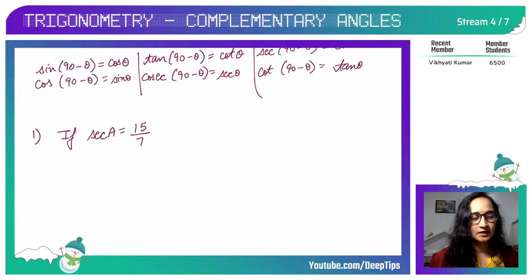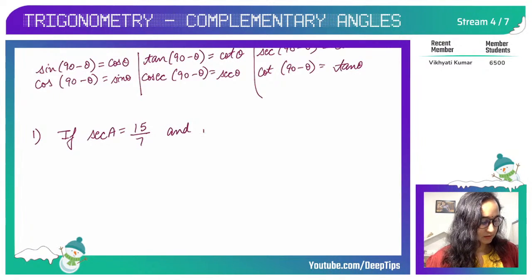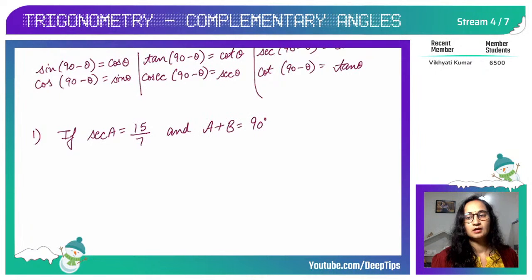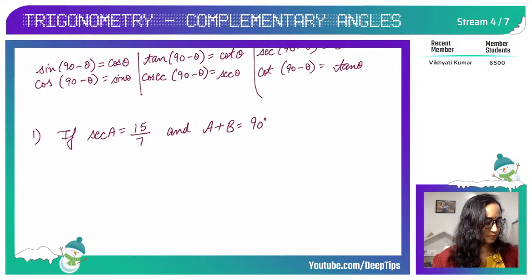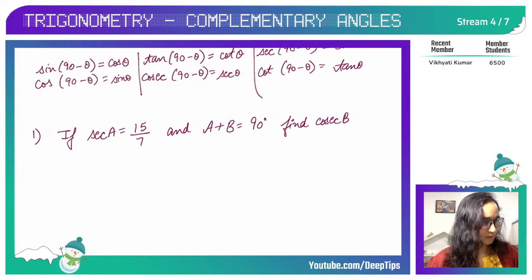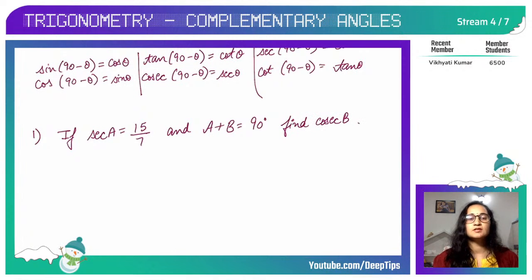Okay, so if secant A is 15 by 7 and A plus B is 90 degrees, find cosecant B. This is a very simple one-mark question. It doesn't carry many marks, but still it is a scoring question.